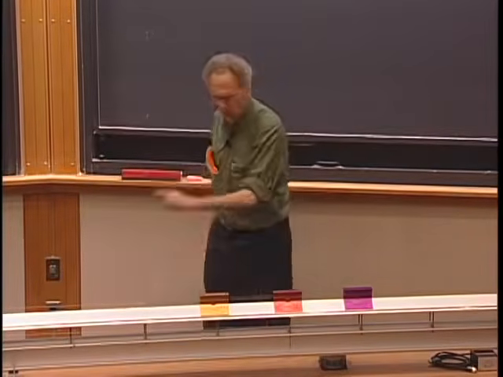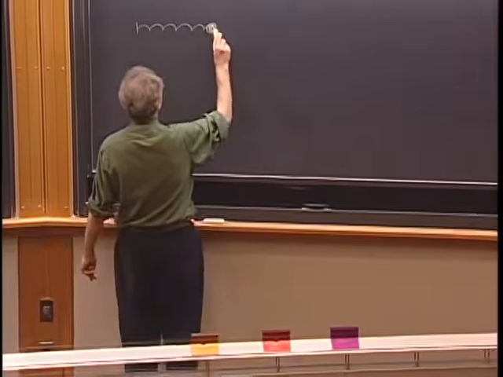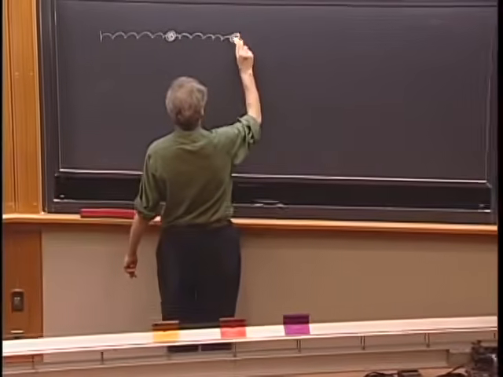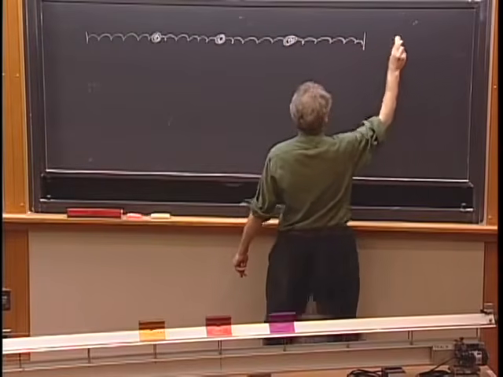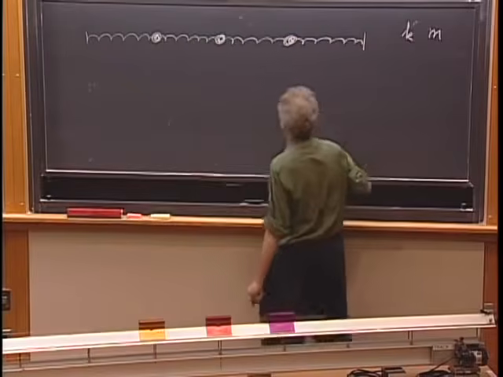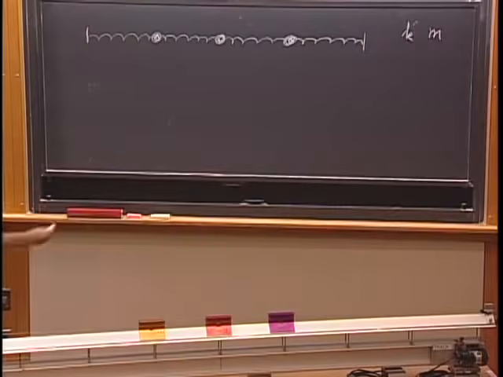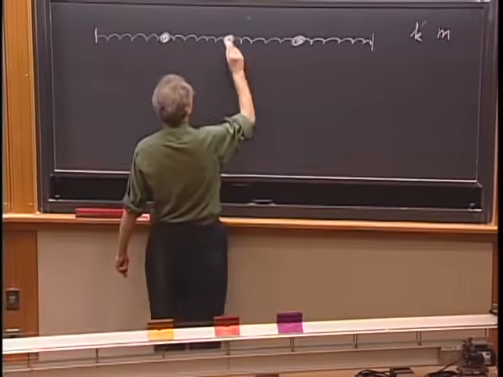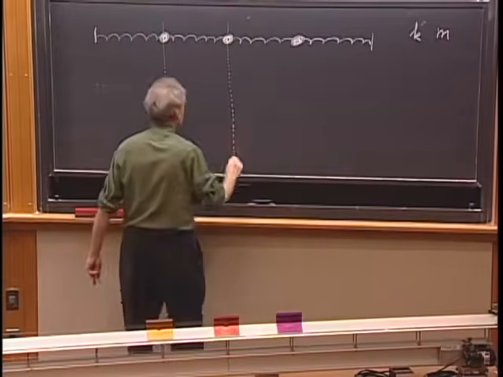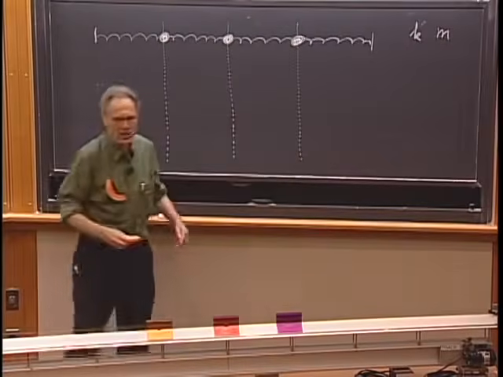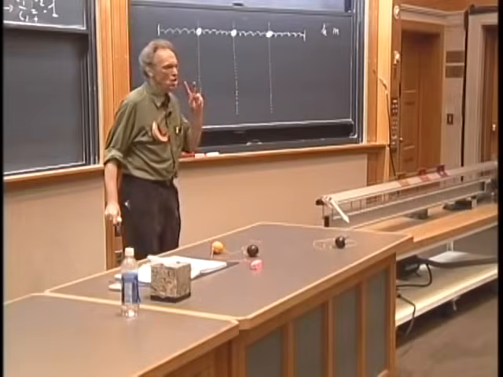And that is 4 springs and 3 cars. 1 car, 2 car, 3 car, and all springs have spring constant K, nicely symmetric, you would think, and all objects have mass M. And I want to see whether we have any intuition, without being too quantitative, for the 3 normal mode solutions.